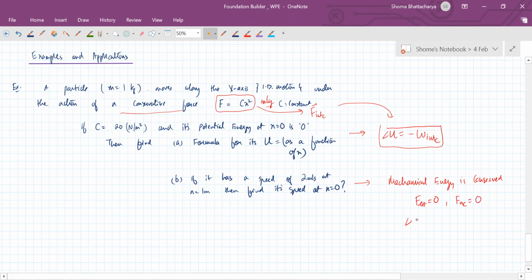So delta KE plus delta U will be 0. So this concept we have to use. Just add the single term only over here. Under the action of a conservative force F given by Cx square only.